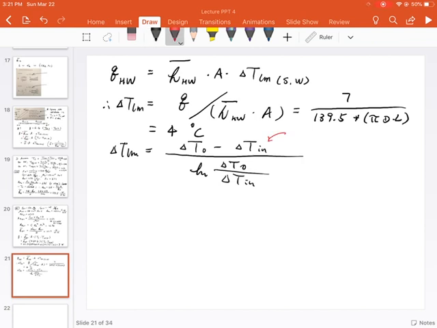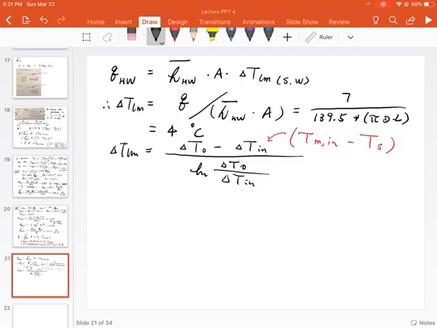the water temperature at inlet minus the surface temperature. The surface temperature is constant, it does not depend on the location, so I don't have to put an inlet surface temperature. It is the same number.